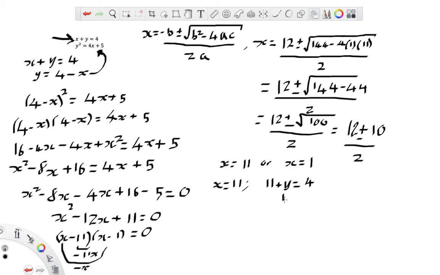So solving that, y is equal to 4 minus 11. 4 minus 11 is minus 7. So when x is equal to 11, y is equal to minus 7.